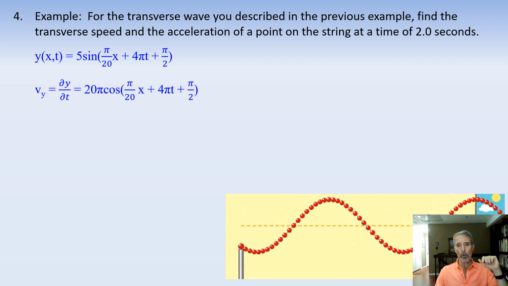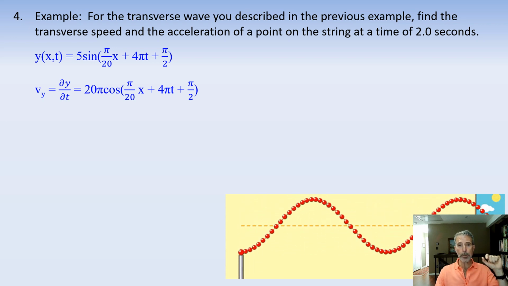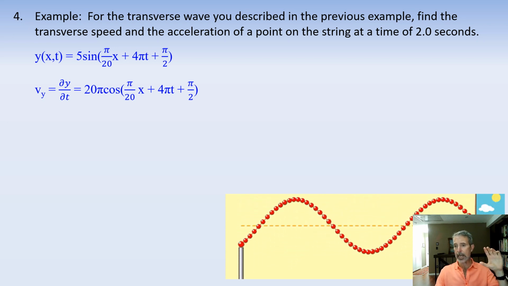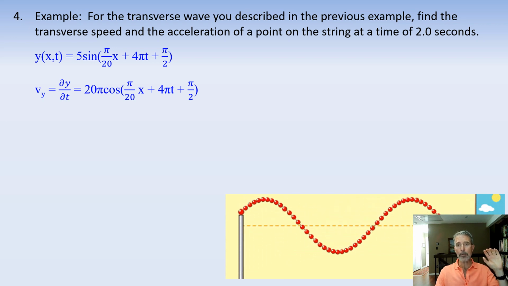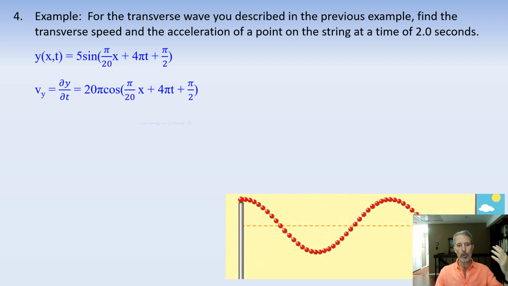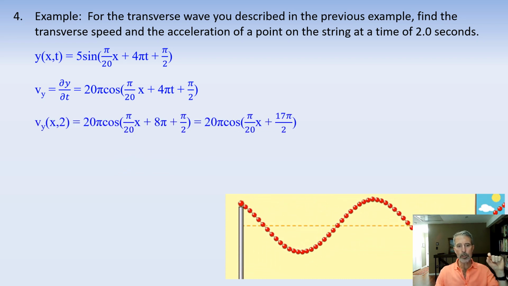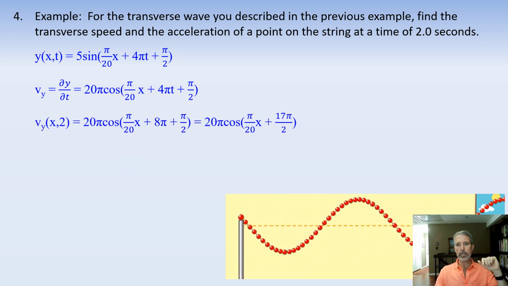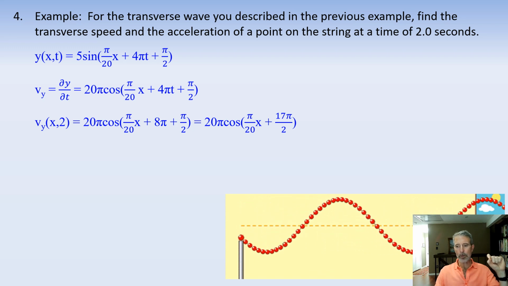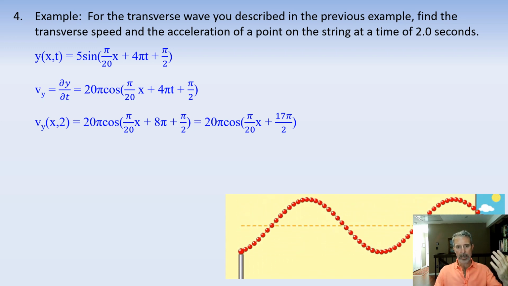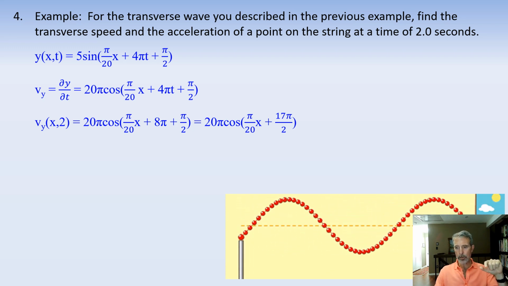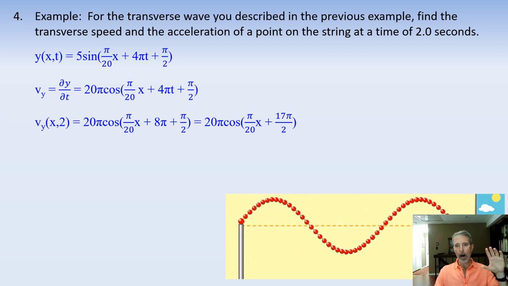In this problem, we're asked to find an expression for the speed of any particle in the string at a particular time of 2 seconds. So we will now substitute the value of 2 seconds in for time, and when we do so, this is where we end up.